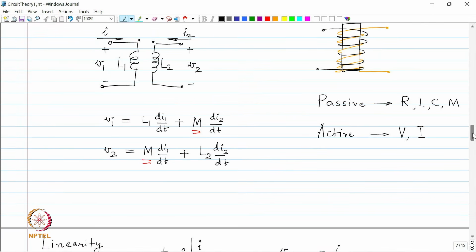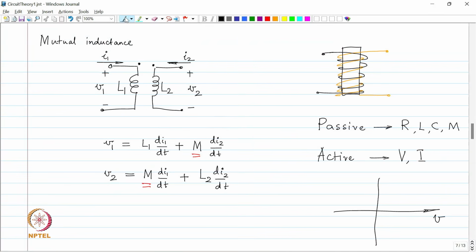Just by the way, if I have a device which operates in this quadrant, do you think it generates power or absorbs power?